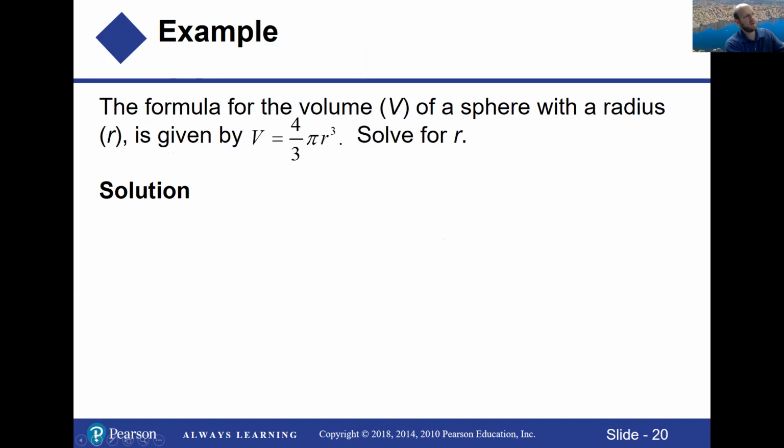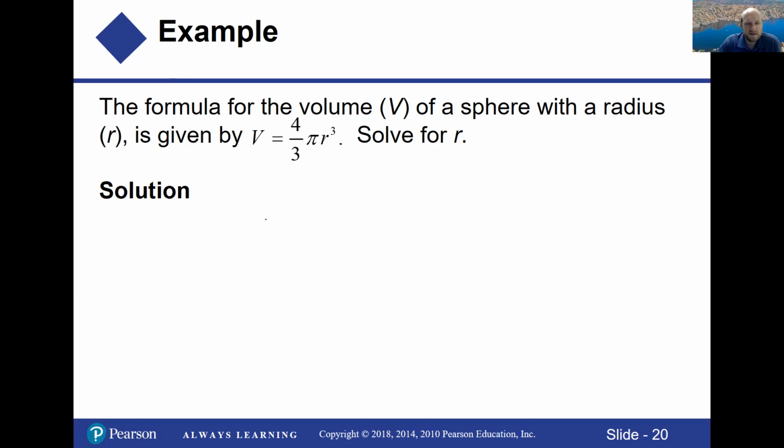All right, we're going to wrap up here with a couple of formula questions where we're not really working with numbers. We're working with some variables here, and we're solving for one of the variables in the given formula. So this formula here is the equation for the volume of a sphere with a radius represented by r.